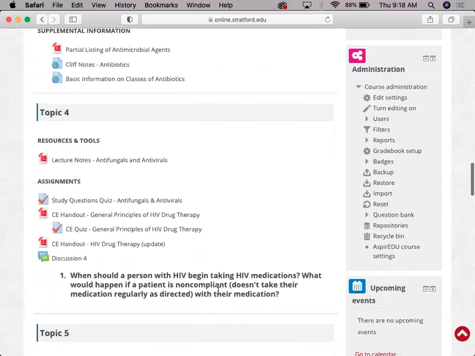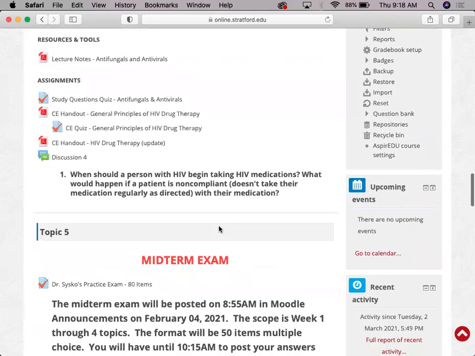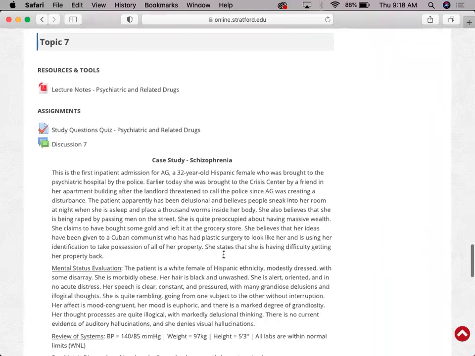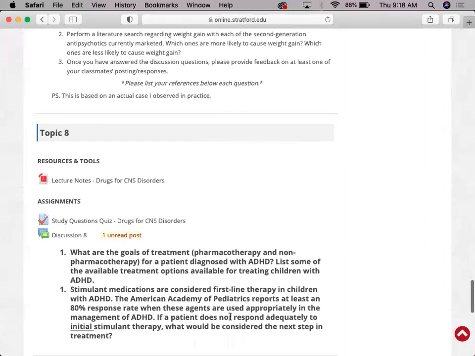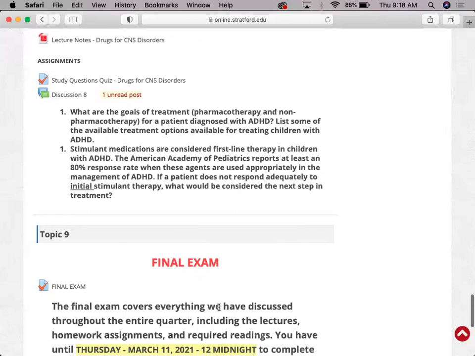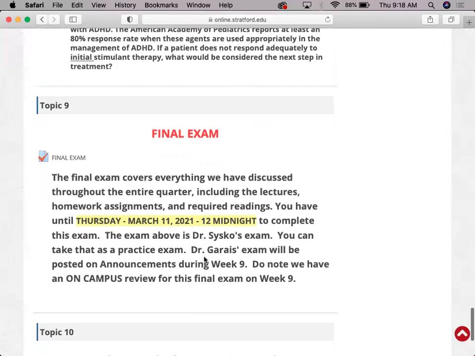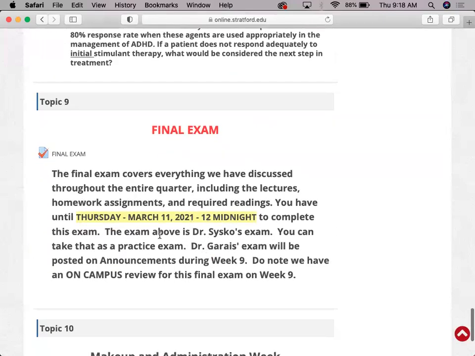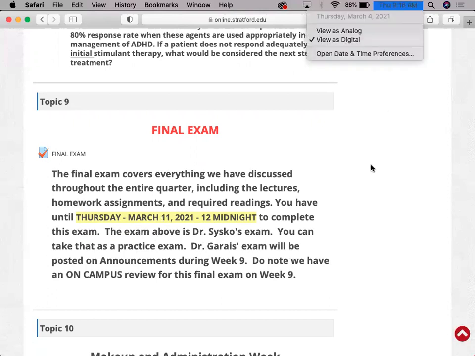And also parenteral medications, because that's what we did last week for our lab. So now you know what we're looking for, right? The exam is Thursday, March 11th, and today is what, the 3rd or 4th? Today's the 4th, okay?